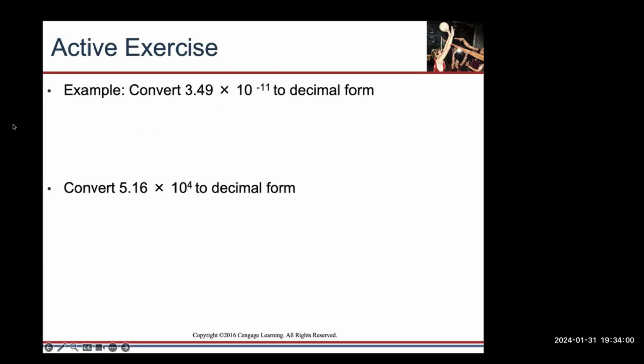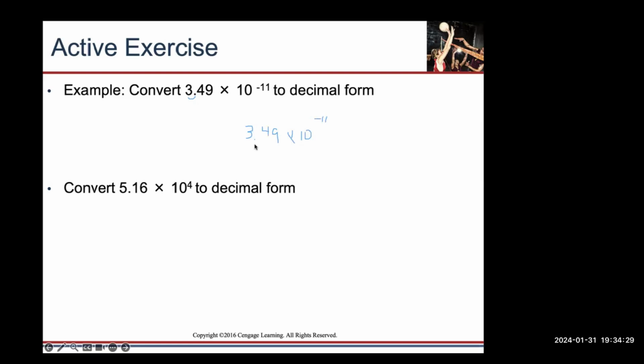Okay, so we're ready? Now we know that this is to the negative 11. In this case, we're going to be moving it over. Let's write it down here. So we have 3.49 times 10 to the negative 11.